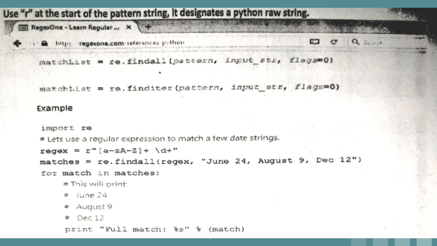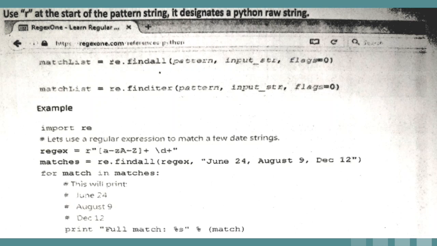The regex variable contains a raw string pattern, and we have passed that as a parameter. If you don't want to use a raw string, then inside find all within the round bracket just specify the pattern which we have written within double quotes. So there are two ways to do the same program.